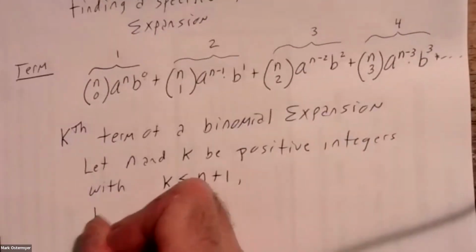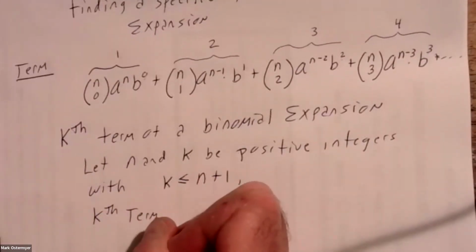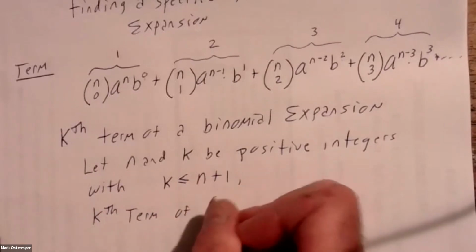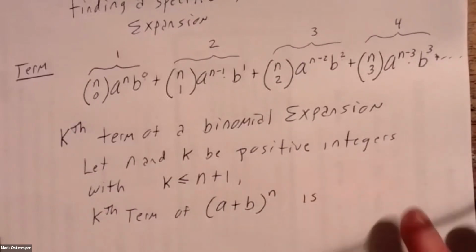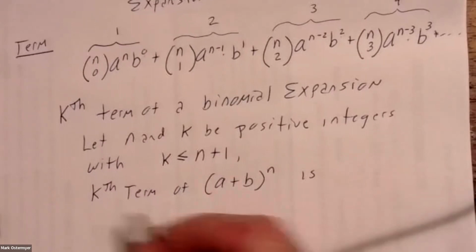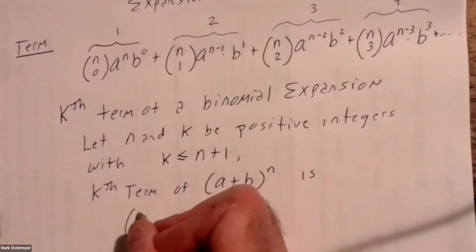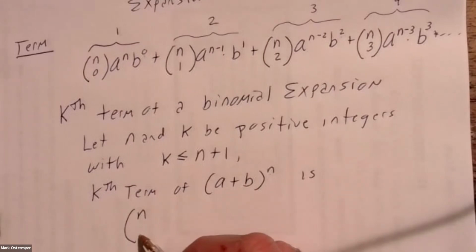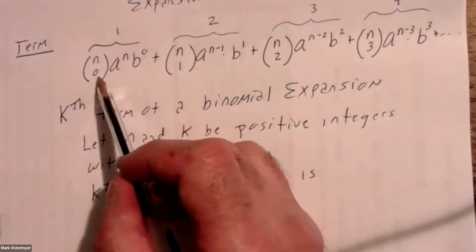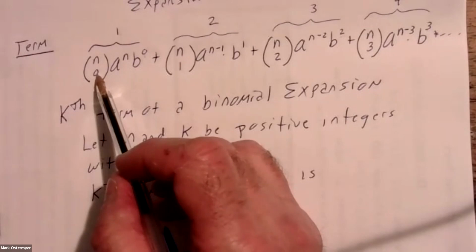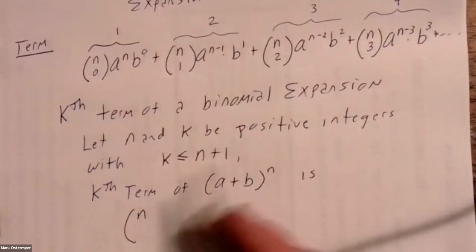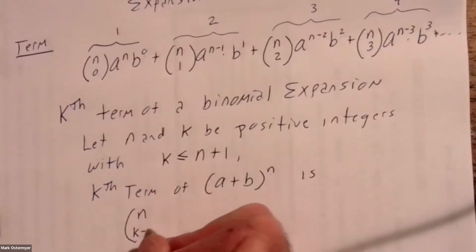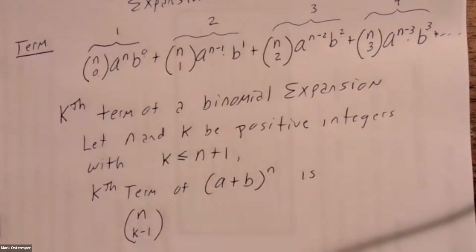Then we say that the kth term of a plus b raised to the nth power is going to be the power the binomial is being raised to, in combination with the bottom number, which lags 1 behind the term number. Since this is the kth term, the bottom number would be k minus 1. And n in combination with k minus 1 would be the coefficient of the kth term.